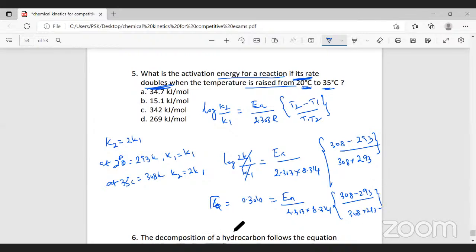On simplification, we will get EA to be 34,673 joules. It can be written as 34.673 kilojoules. So the answer for this question will be option A. It's around 34.7, so that is the closest value.